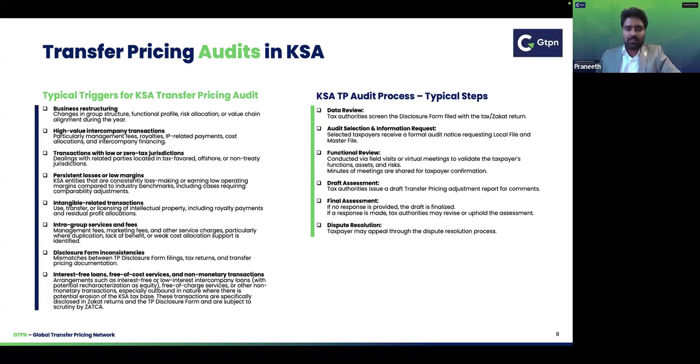The minutes of the meeting play a crucial role. So whatever is being discussed at the site or virtually has to be properly documented, because this will have bearings on the overall assessment that happens in the draft order.